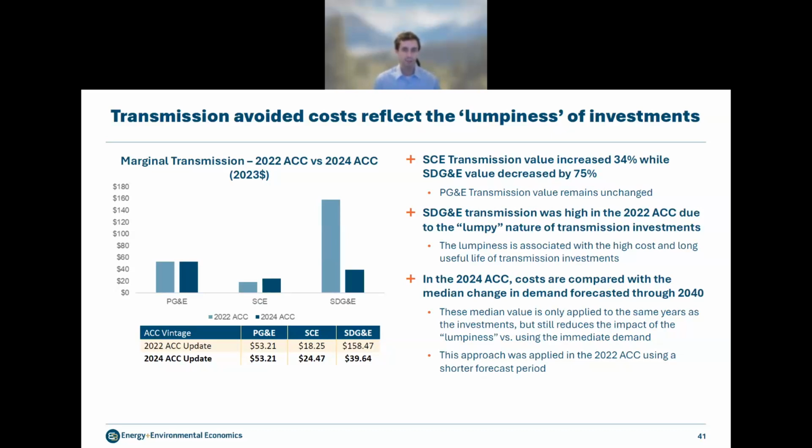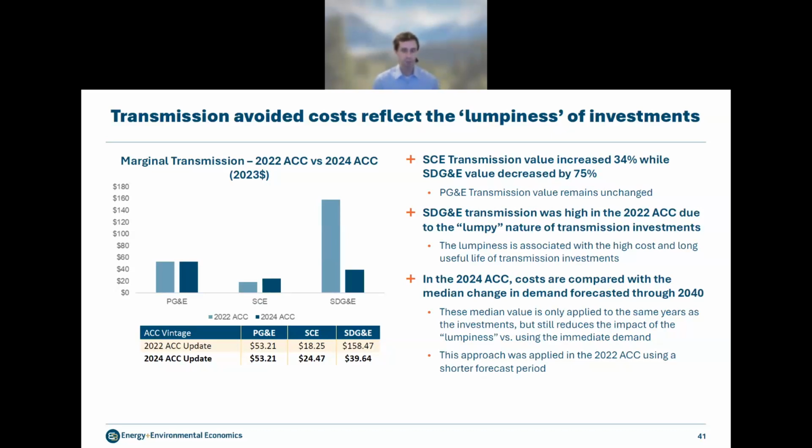At that time, there was a drastic increase in costs, and SDG&E had noted this was due to an unusually high number of transmission investments planned to take place in the short run, in part because their recent focus had been devoted to other needs and their capital expenditures, including wildfire mitigation and other items. And at that point, it was now really time to address all those transmission needs that had piled up. So they had a lot of additional transmission planning in a short period of time.